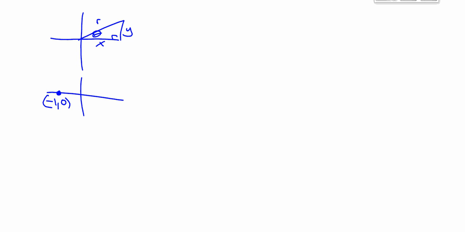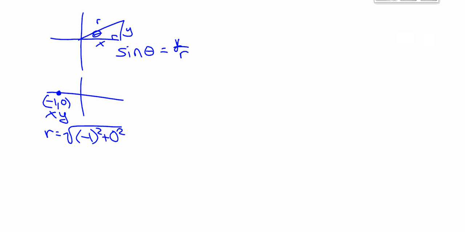When you look at this picture, because that's what the picture should be in your mind, the sine of theta is y over r. Here, this is x, this is y. r is the square root of (-1) squared plus 0 squared. So r is 1. So sine theta is y over r, 0 over 1, which is 0.